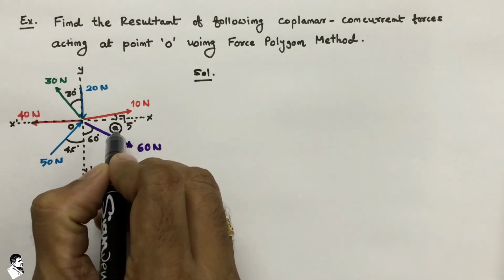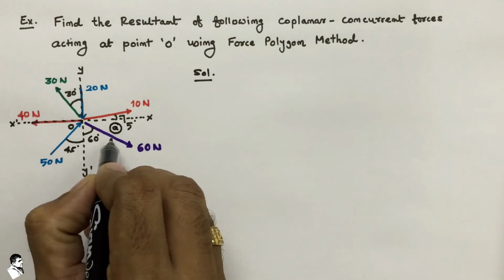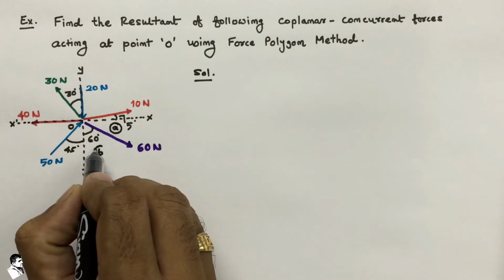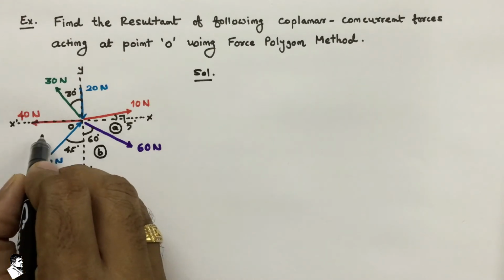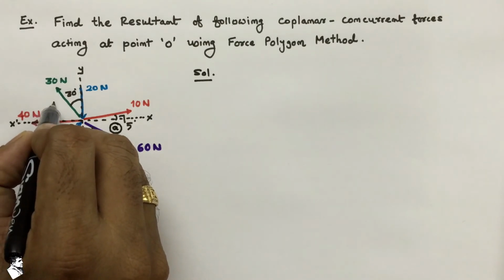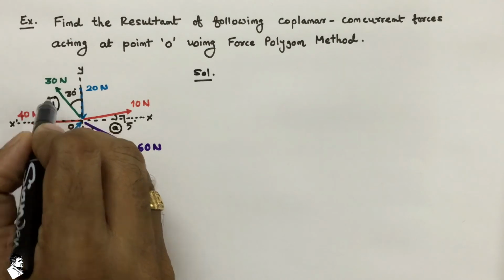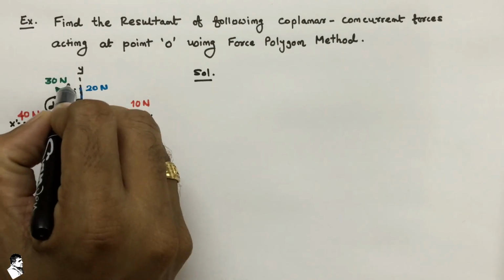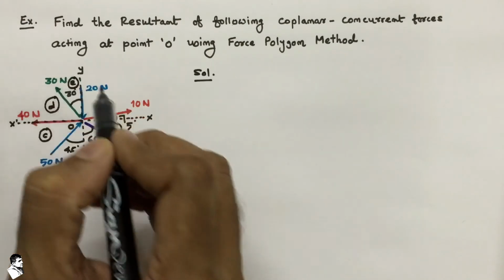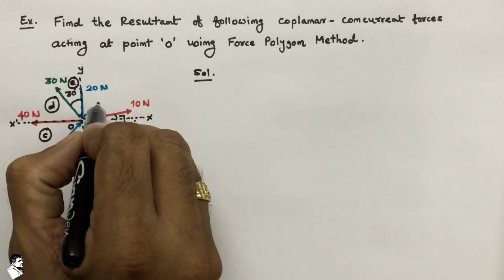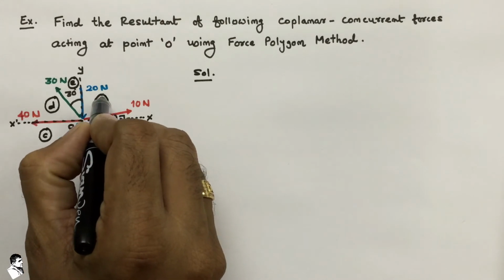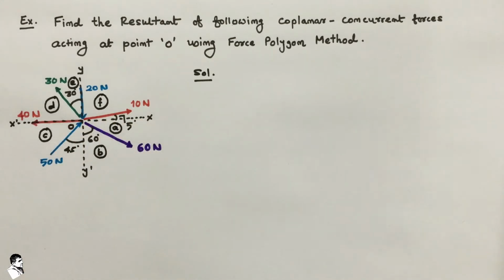Between these two forces, A is there, then between 60 Newton and 50 Newton, small b, then C. Between 40 Newton and 30 Newton, D, then between 30 and 20 we provide notation E, and between 20 and 10 Newton we provide notation F. So this is called Bow's notation.